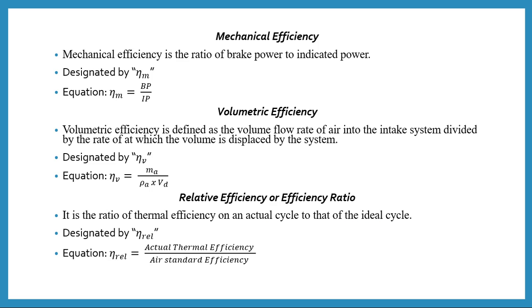So students, in this first part of engine performance and testing, we discussed the introduction of engine parameters, the various types of engine parameters with their equations, units and designated expressions.